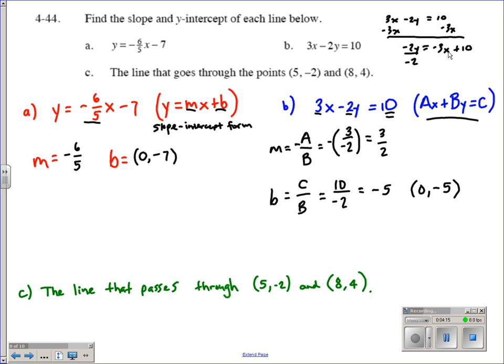Divide by negative 2, divide by negative 2, divide by negative 2. And you get y equals 3 halves x minus 5. So you see there, 3 halves, negative 5. And onward we go.